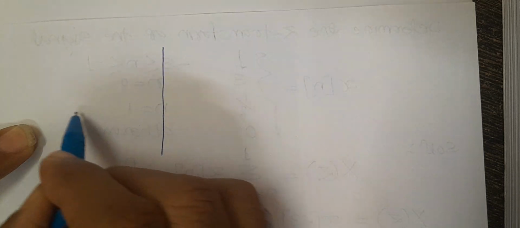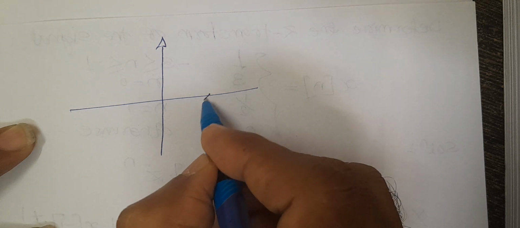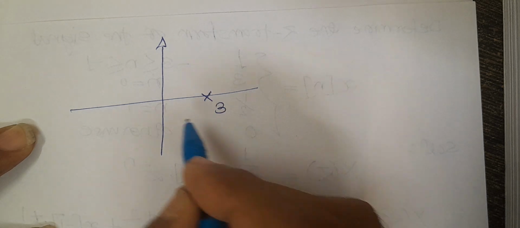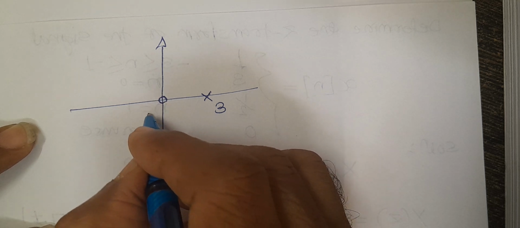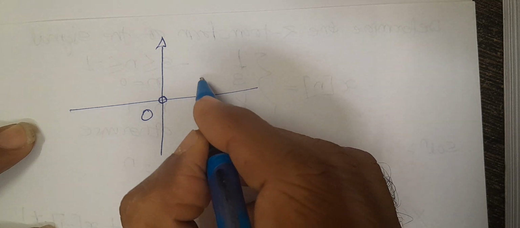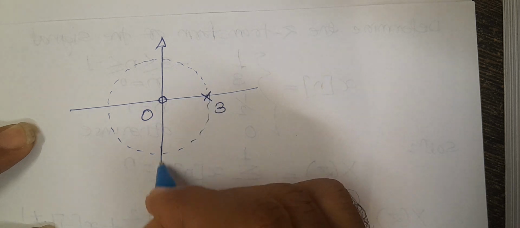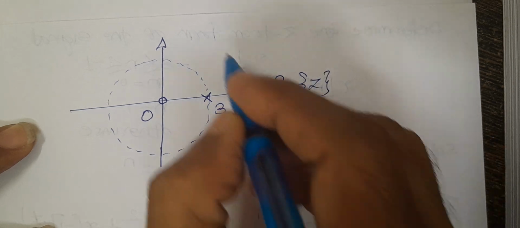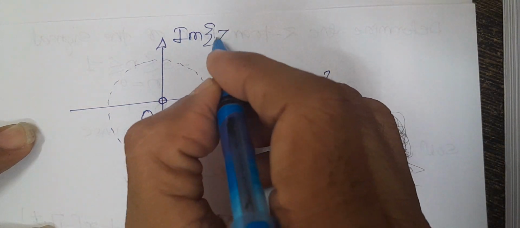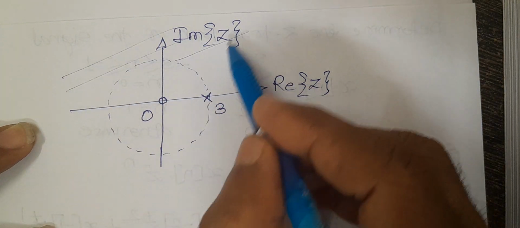So therefore we can show the z plane like this. One pole is there at 3 and one zero is at z equal to 0, and this is the unit circle. This is the real part of z, this is the imaginary part of z, and this is the region of convergence.